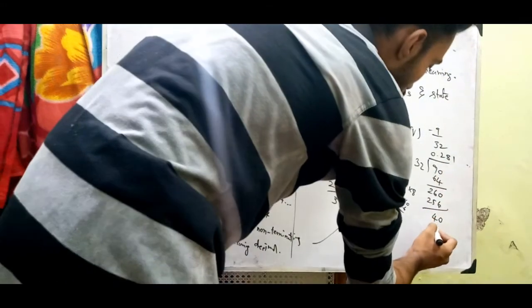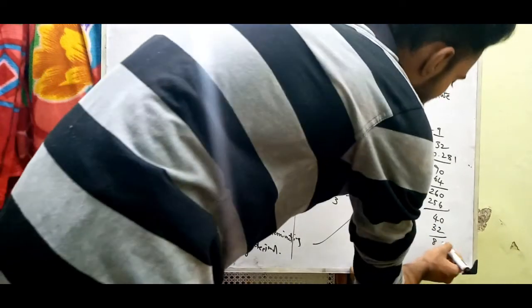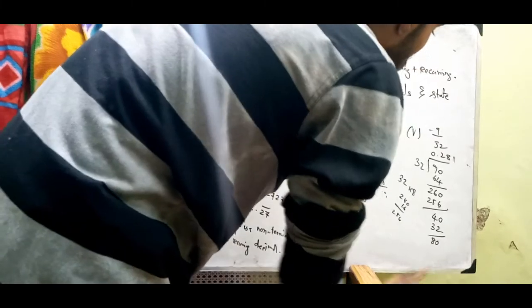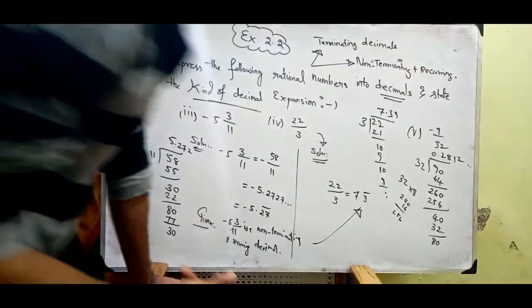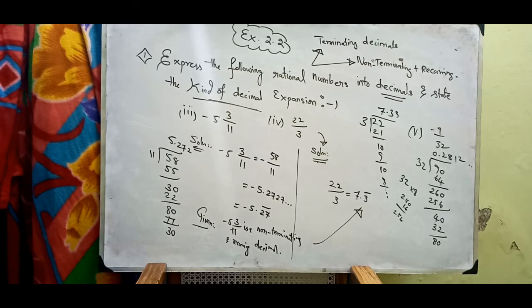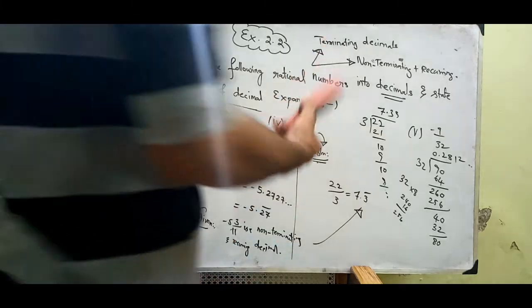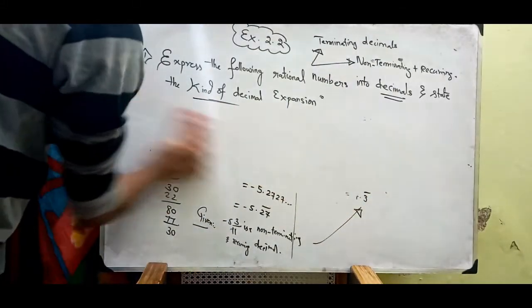Remainder we will get is 4, 40 again, so this is 1 time 32, remainder 8, and again 0, 2 times 64. It goes on like that, but I think it is either a terminating or non-terminating decimal. It is one of those kinds, but you have to check it. So in this way you are going to find the first problem. Got it? I hope this problem is easier.